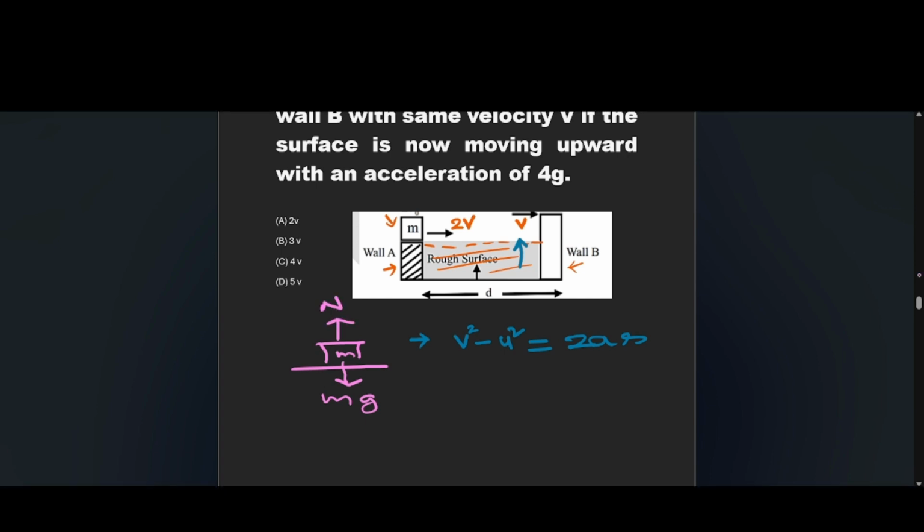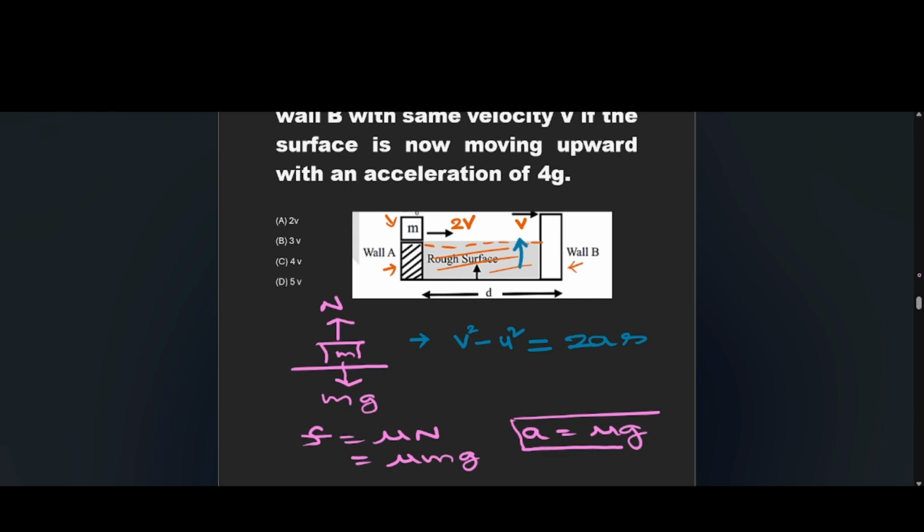Okay, so here friction is F equal to mu N, this is the frictional force, mu mg, and what is the acceleration? a equal to mu g. Okay, so with this acceleration it is moving.